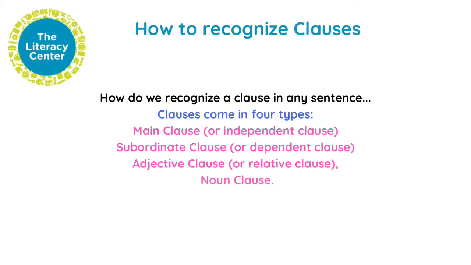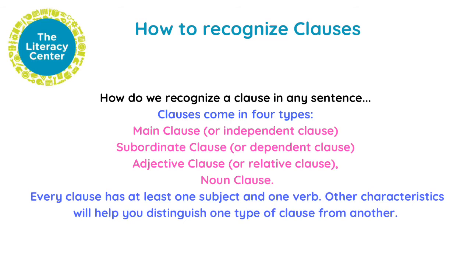Fourth is known as the noun clause. Every clause has at least one subject and one verb, and other characteristics will help you distinguish one type of clause from another. So let's explore more about all these types. In this tutorial, we will talk about the first two, the independent clause and the dependent clause.